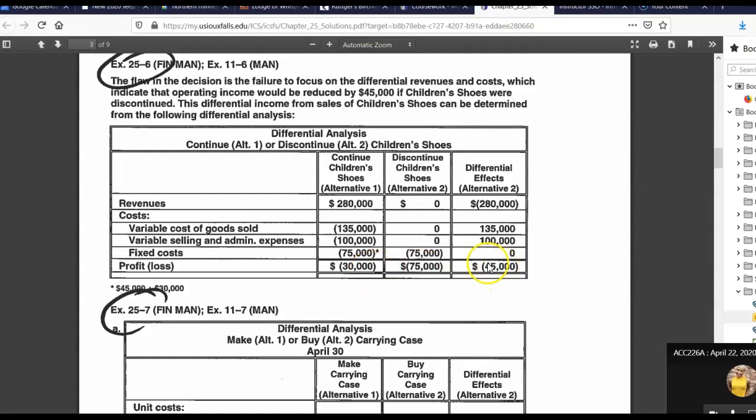You see that? It covered 45,000 of those fixed costs. So you get rid of it, now you're going to have the full fixed cost with nothing to help offset it. So yeah, we're still losing, but we're losing less by continuing than if we were just to say, be done with it.